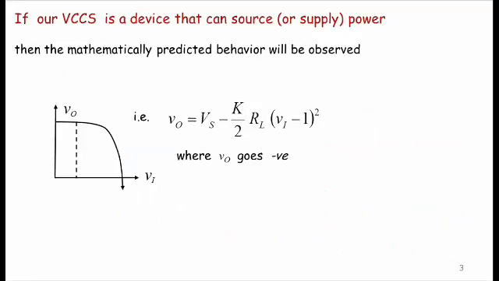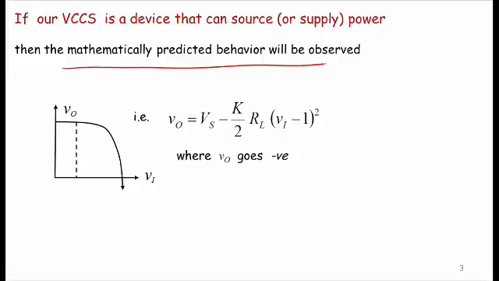So if our VCCS is not a passive device, in other words, if it is a device that can supply power or amplify power, then the mathematically predicted behavior will be observed.